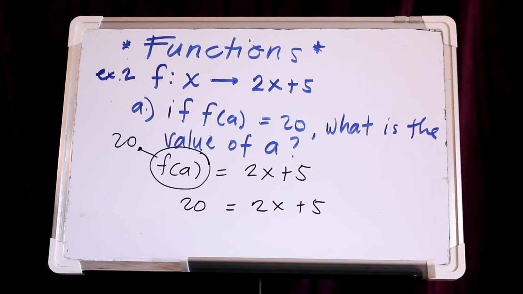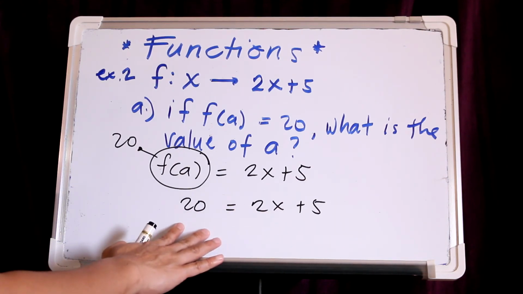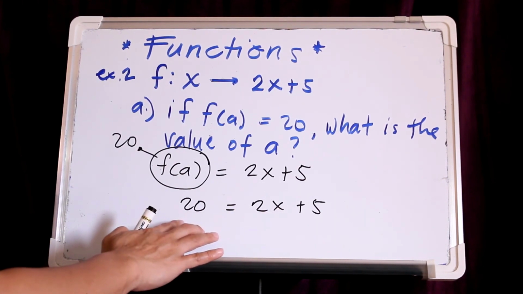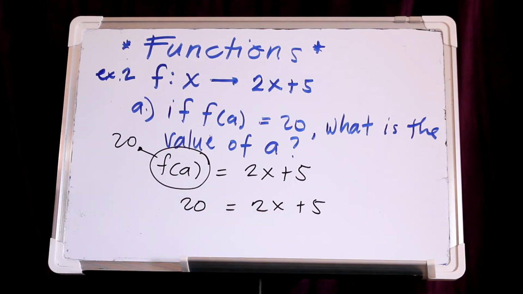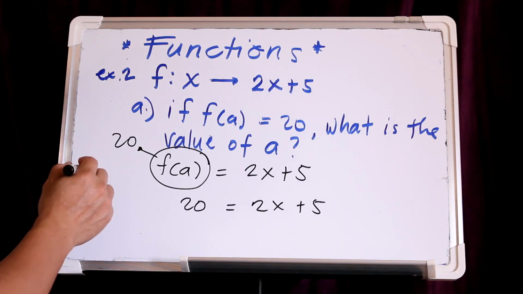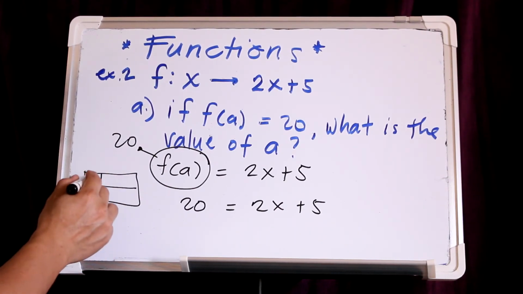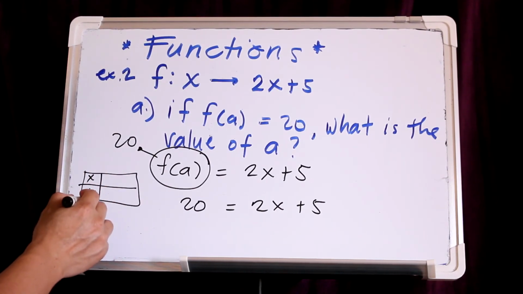Alright? Later on, we will talk about the domain and the range. So in this case, you have the range being found. And the x, the domain, is not found. Okay? And if you recall, in your graph, you have your t-table as x and y, right?